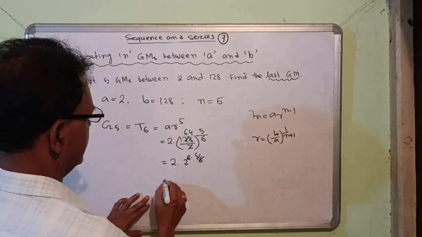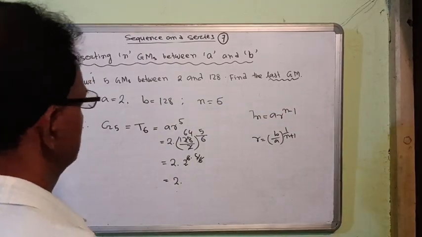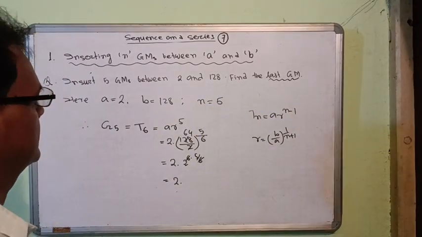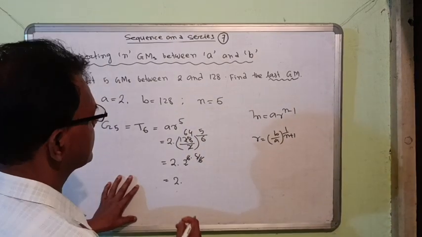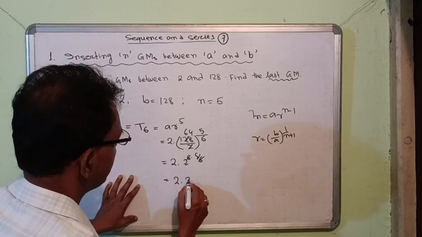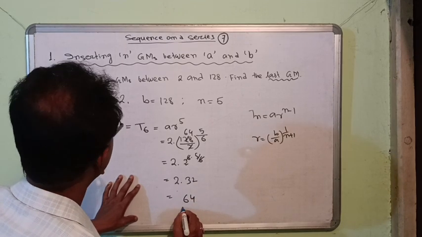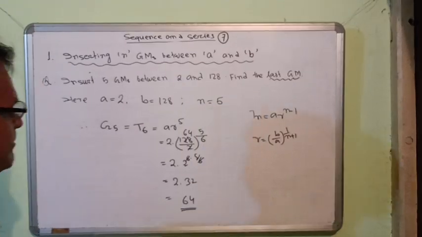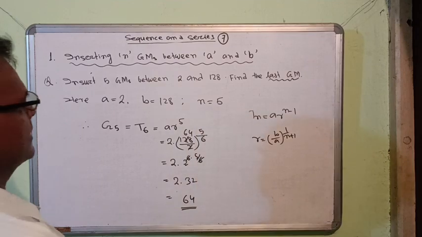The power cancels, therefore 2 into 2, which is 4, 8, 16, 32, and the result is 64. That is the last GM. Very simple question. The last GM is equal to 64.